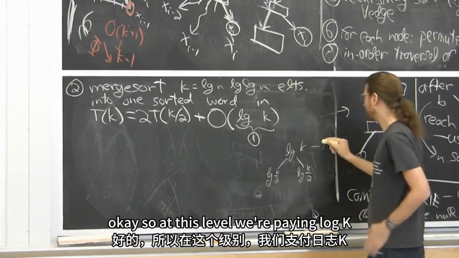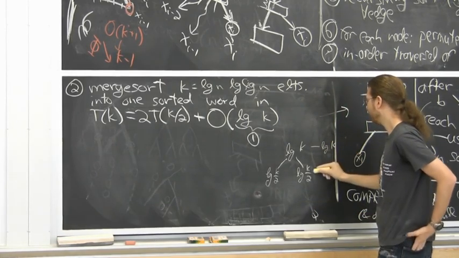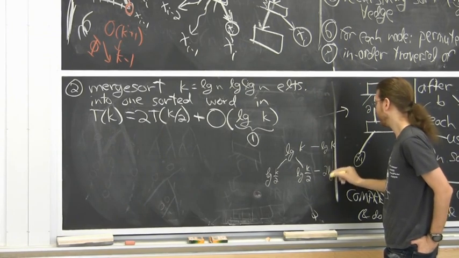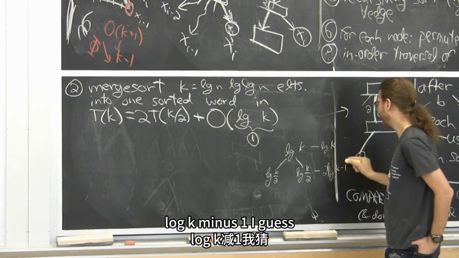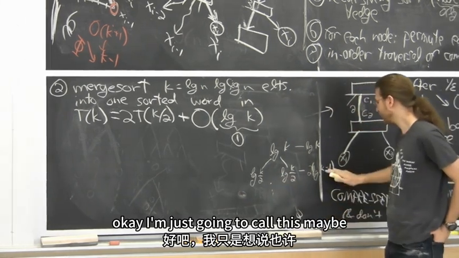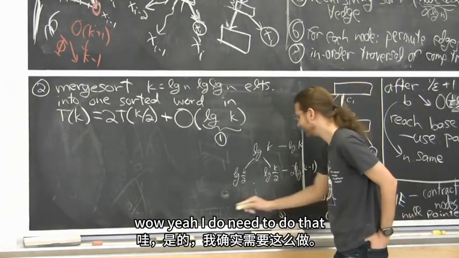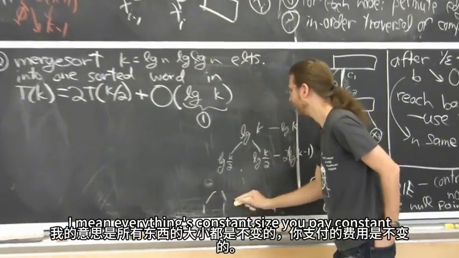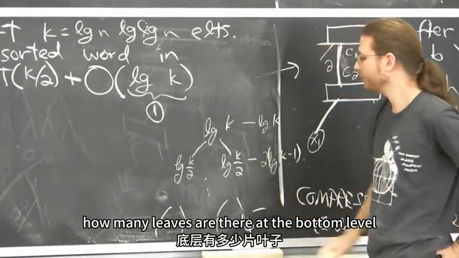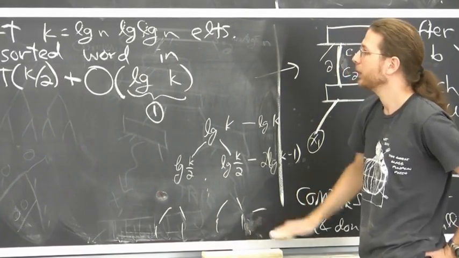Okay, so at this level, we're paying log k. At this level, we're paying 2 log k minus 1, I guess. At the bottom, everything's constant size, so you pay constant. How many leaves are there at the bottom level? K of them.